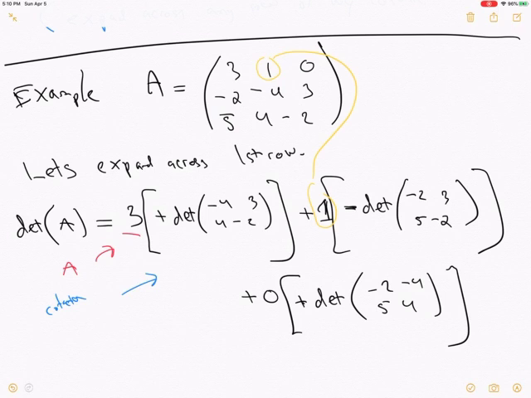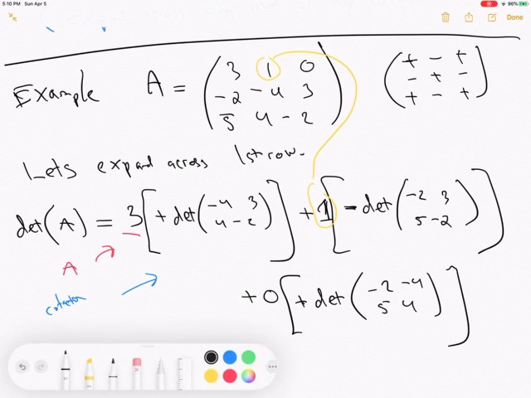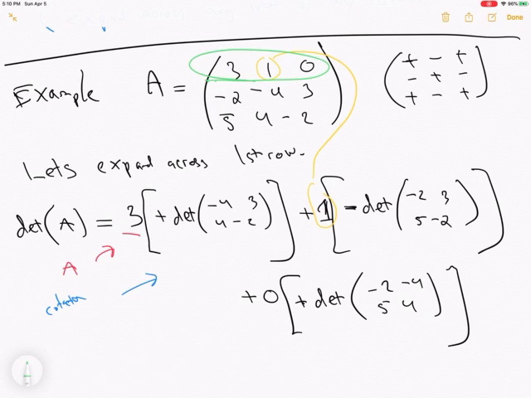So when you're calculating what goes in front of these determinants of the submatrices, it's good to have this picture here. It always starts positive, and then it alternates. So this here will tell you the sign. In our example, we expanded across the first row, so the 3 comes from there, the 1 comes from there, the 0 comes from there.